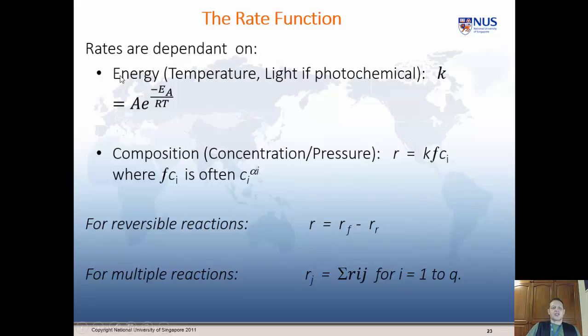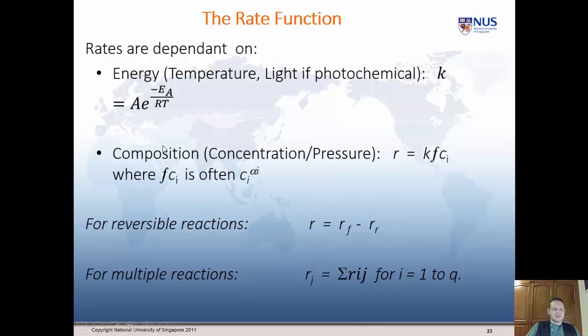They're also dependent on temperature or light if it's a photochemical thing, and we think of the rate constant here as simply the Arrhenius expression, pre-exponential factor A times exponential of minus the activation energy divided by RT, where R is the universal gas constant and T is the Kelvin temperature.